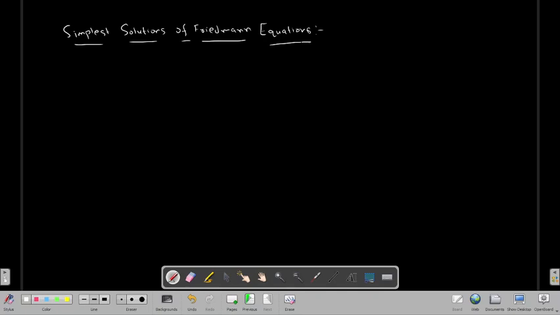I will take some very simple cases. These are not realistic situations of the universe, but simple cases that will give you an idea about how to solve the Friedman equations. So case 1 is that the universe is filled with pressureless dust.